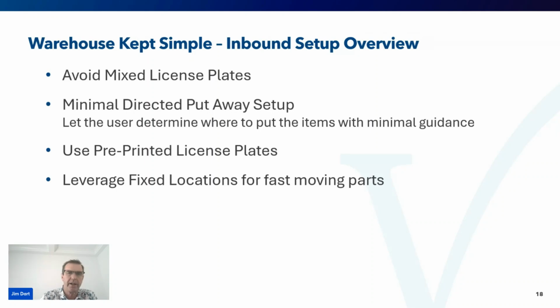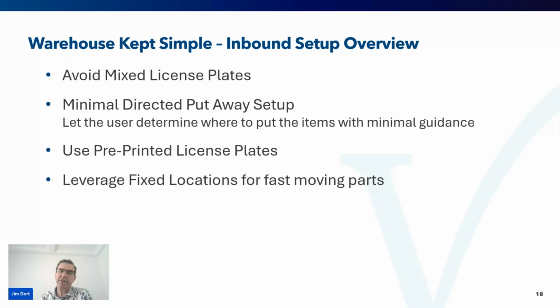Going back to our first slide, minimal directed put away setup. So when the material comes in, let the user determine where to put the items. Leverage that organizational knowledge that is there. Again, use the pre-printed license plate. Same comment as in the previous slide.